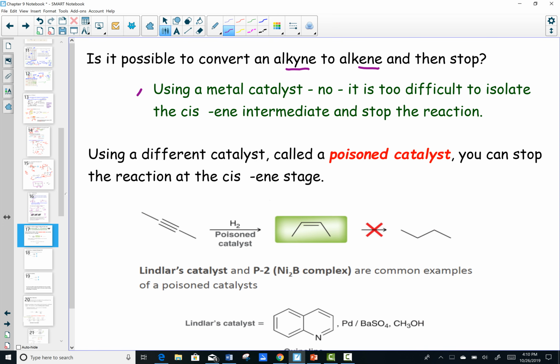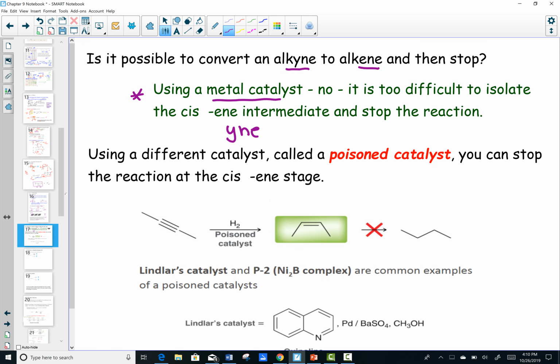The mechanism I just showed you using the platinum or palladium nickel catalyst, those metal catalysts, is just too hard to control that last step. You cannot prevent the ene, the double bond, from going to the ane.